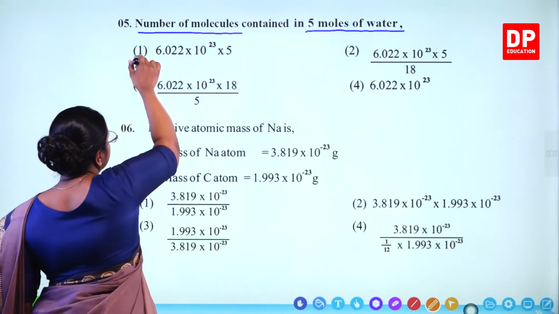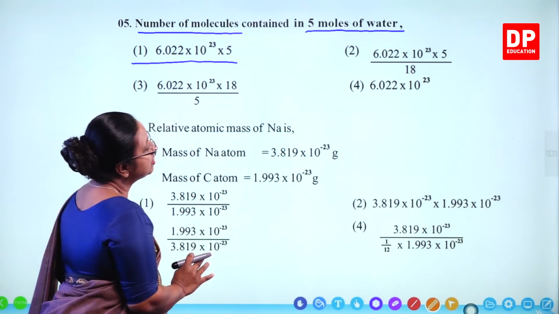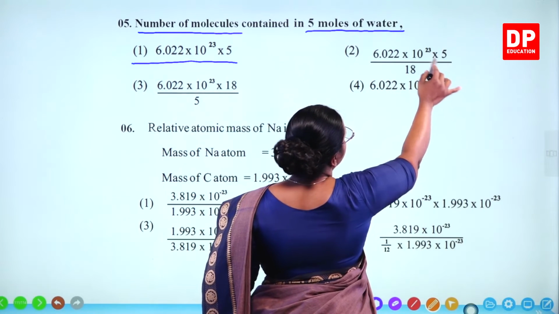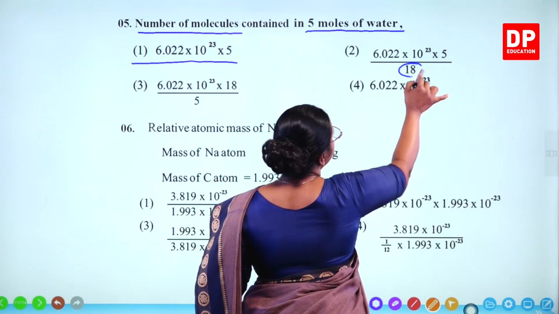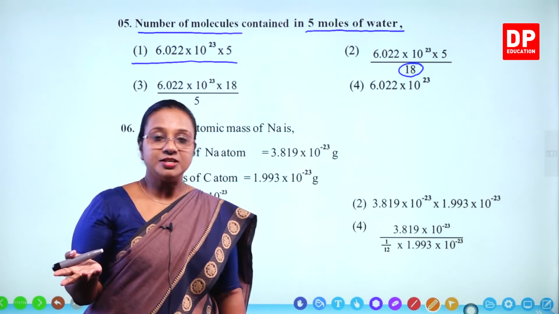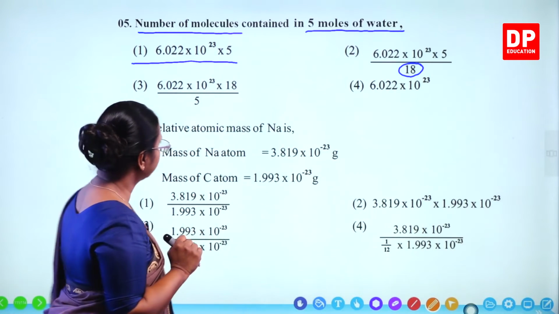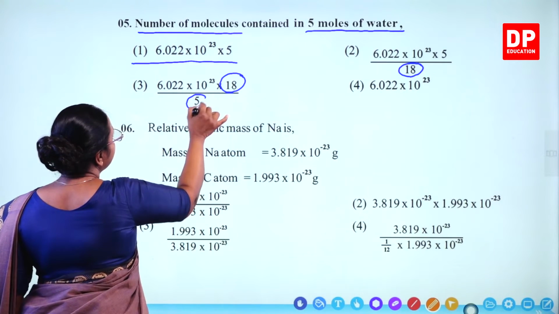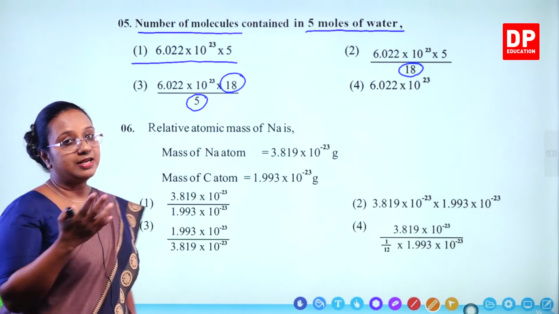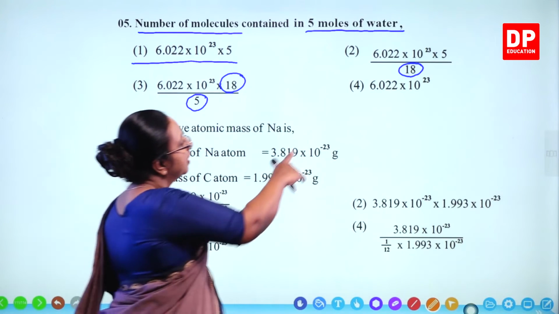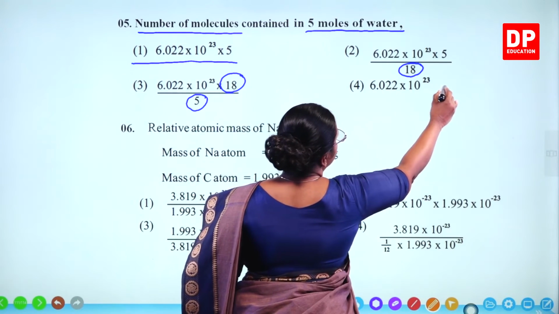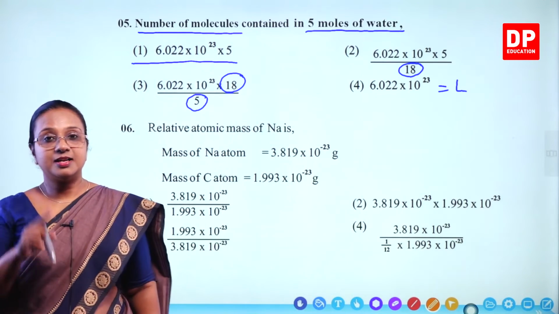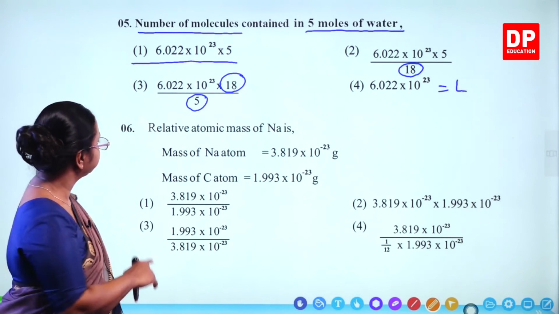So that is the correct answer. But we will look at the others. Now here you can see Avogadro constant into 5, but they are dividing it by 18. That is not necessary. So it's not correct. Here if you look at it, they are multiplying by 18 and dividing by 5. That is also not correct. Then here this only gives the Avogadro constant. So we have selected the correct answer, the first answer.